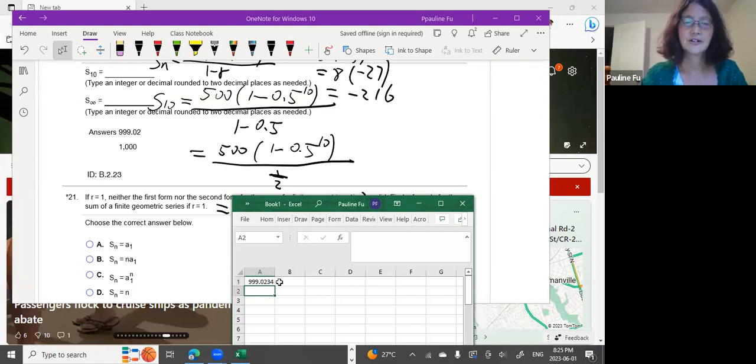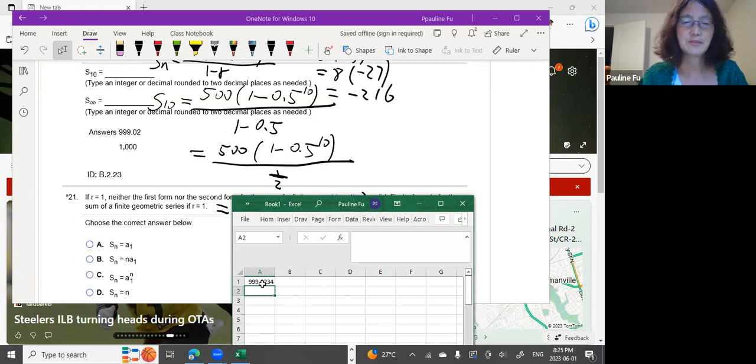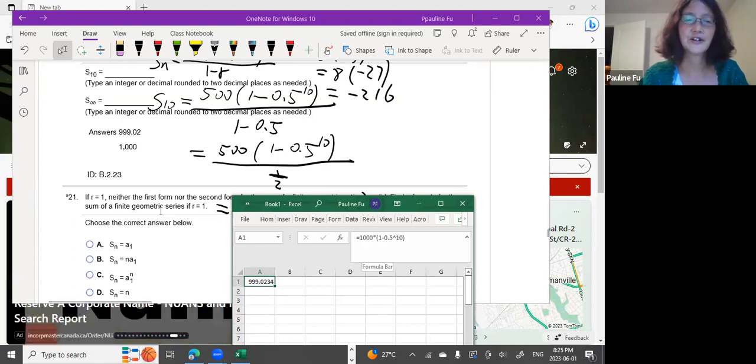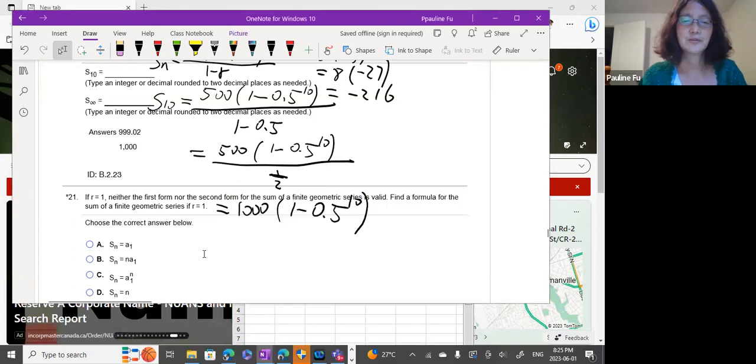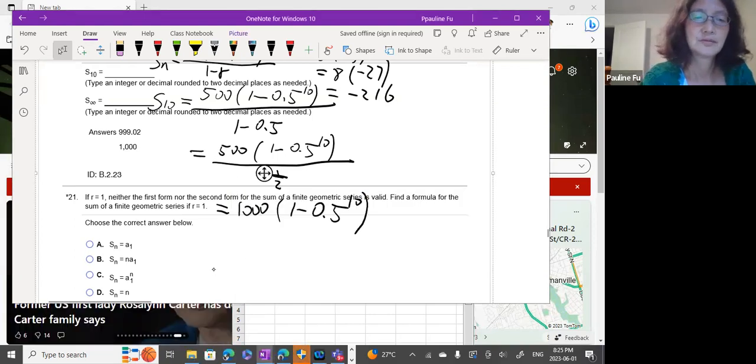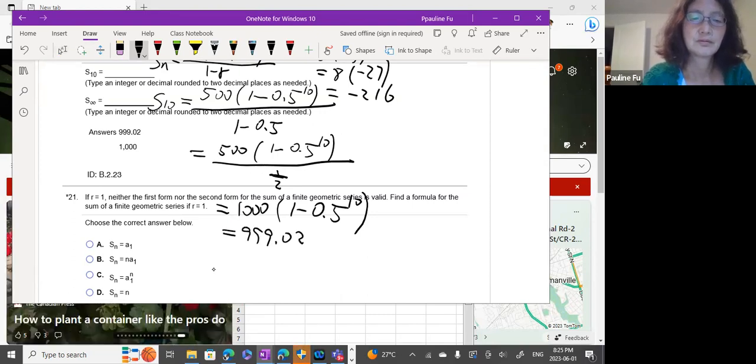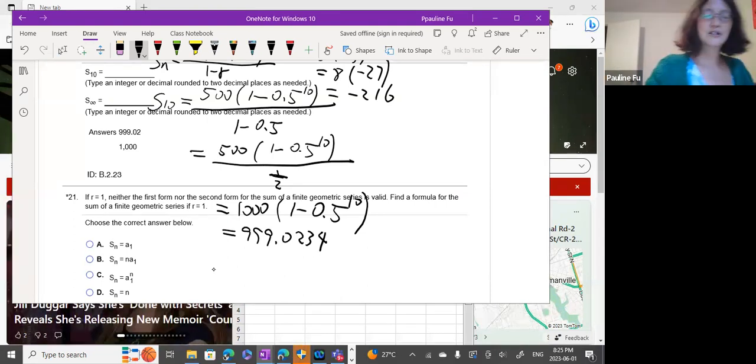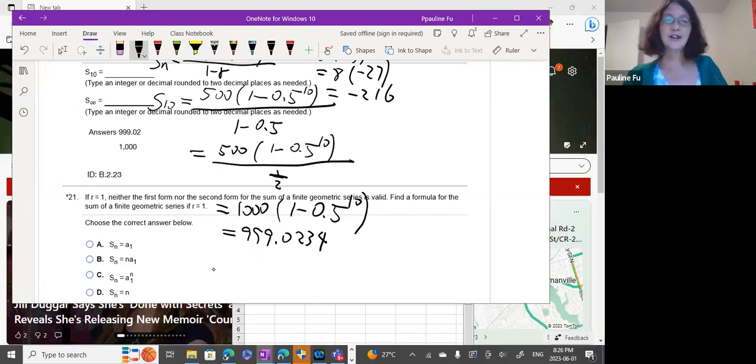Okay, so I get 999.02. So this is the result from Excel. Okay, so we found S10.